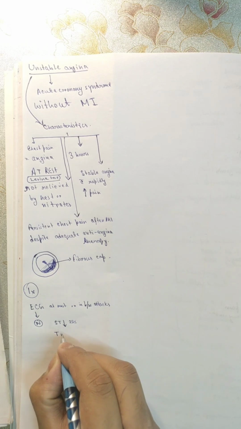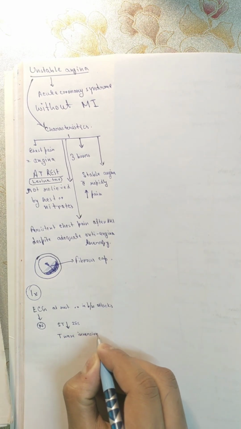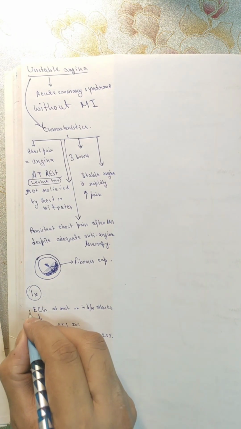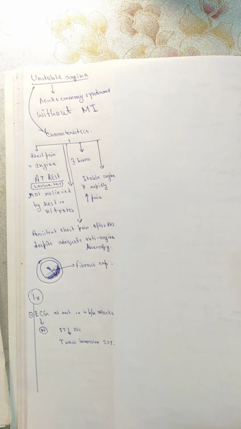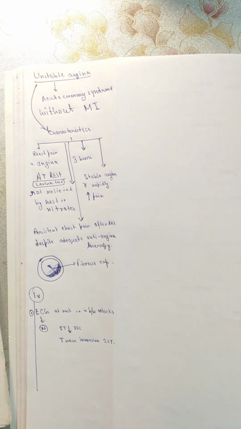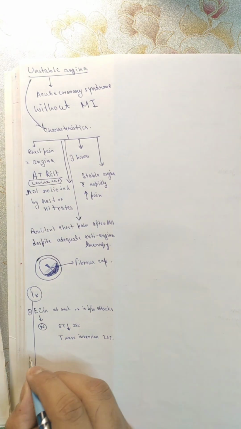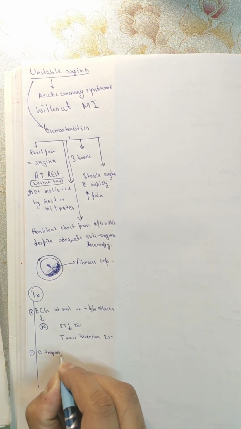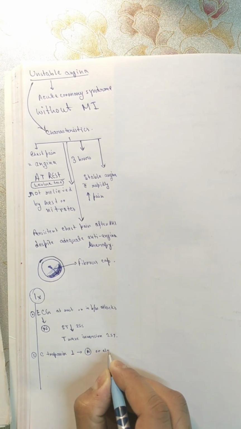T wave inversion in 25% of cases. Now, troponin I is normal or elevated.